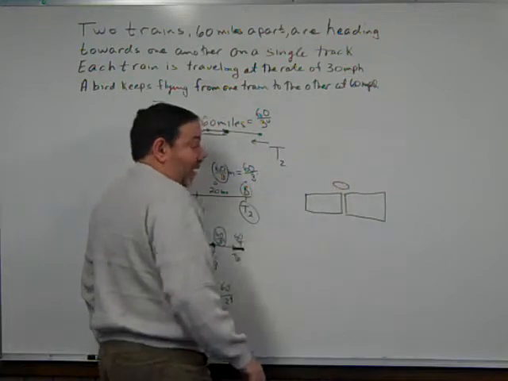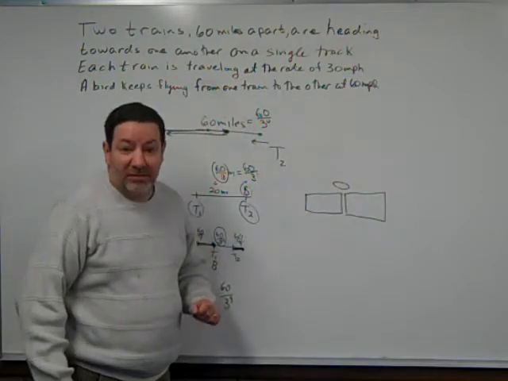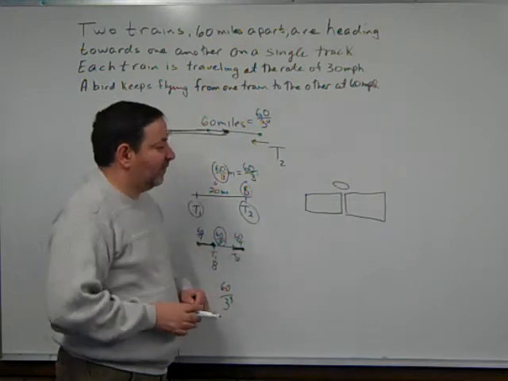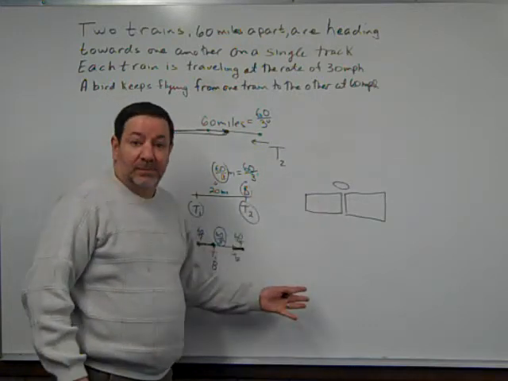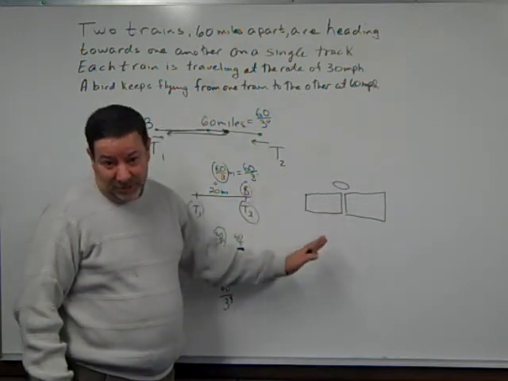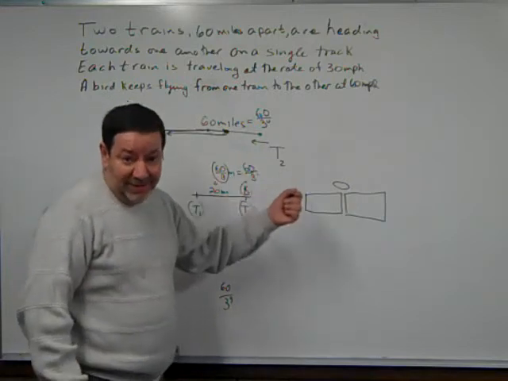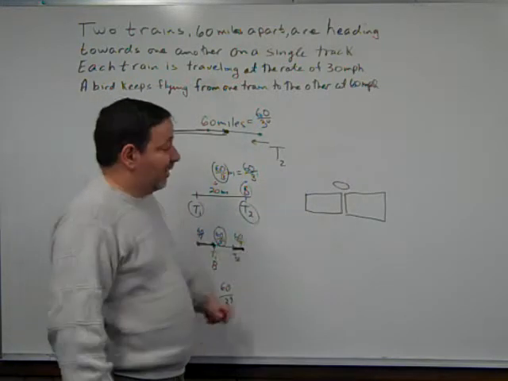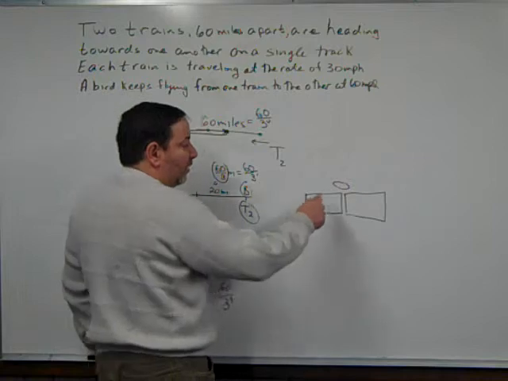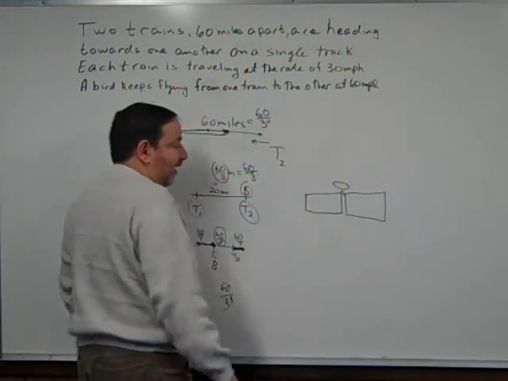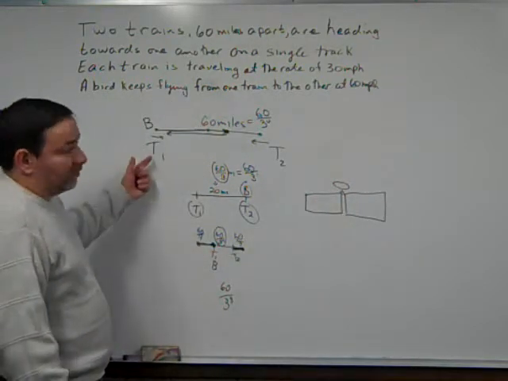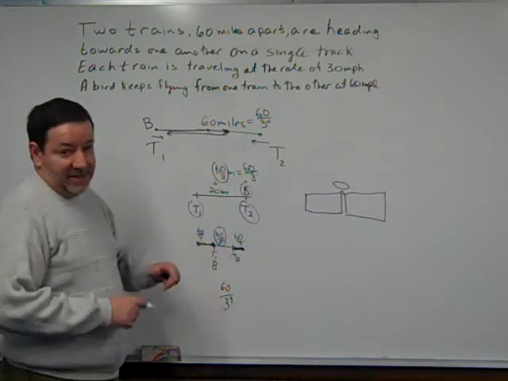The bird is that big. It can't even fit between the trains. No. The second assumption is the bird will never get squashed. It can turn around instantly and it can never get squashed. All we're going to do is count the number of times the bird goes from one train to the next train.